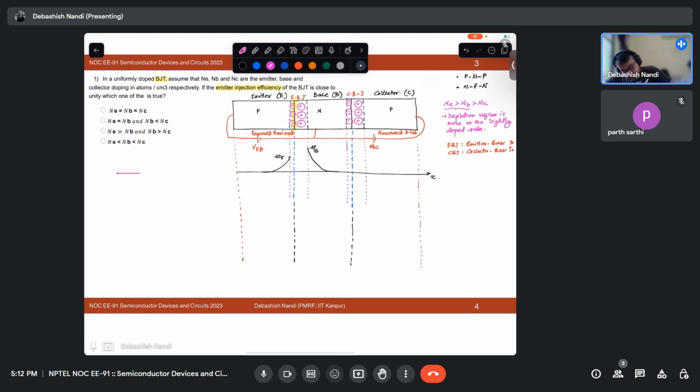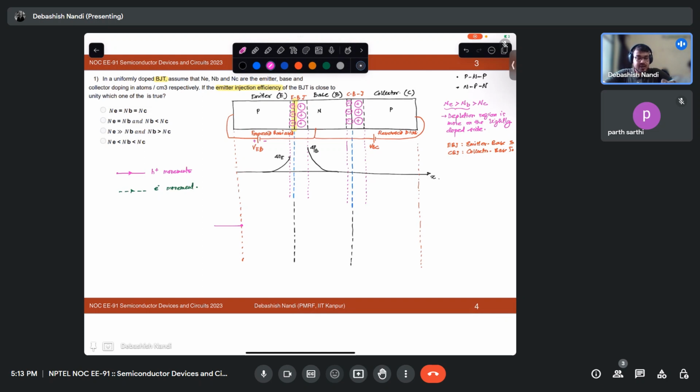This arrow will determine the whole movements, and let's take this arrow to be the electron movement. Okay, so suppose at this place you are applying some positive voltage to the p side.